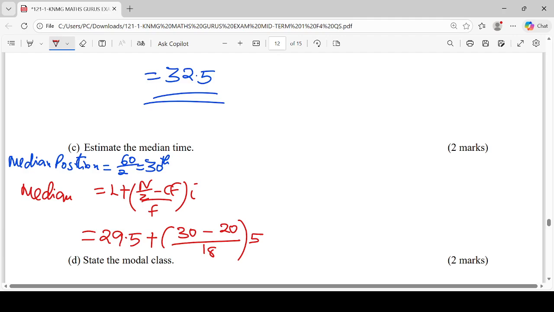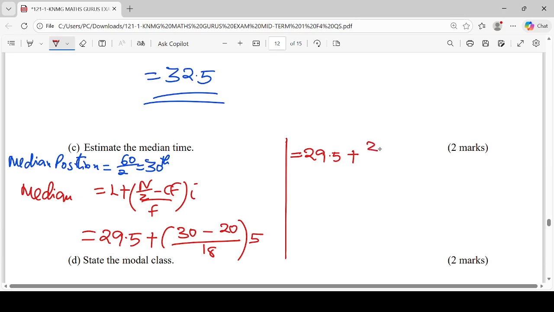That way. So with that, this is like saying now 29.5 plus, we compute this again. You take 30 minus 20, that is 10, divided by 18, then times 5. So that's like saying 25 over 9.